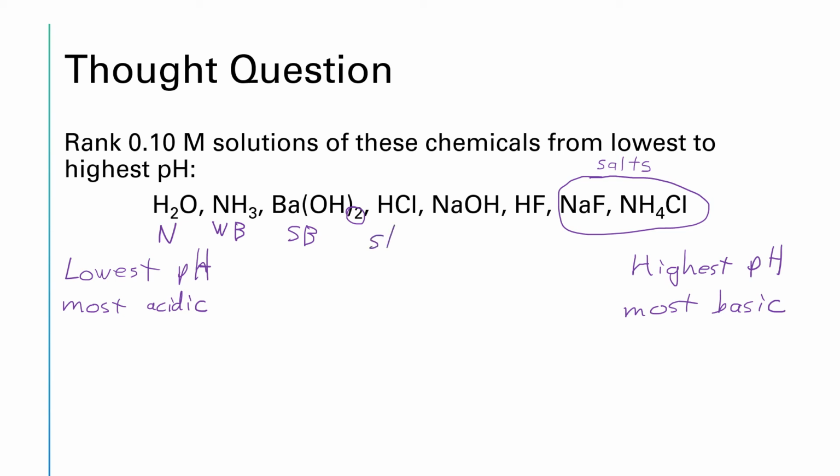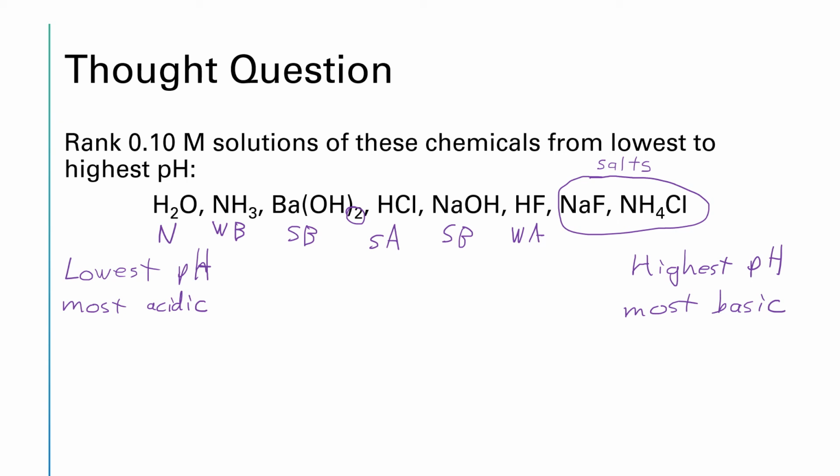HCl is a strong acid. NaOH is a strong base, but it only gives us 1 hydroxide compared to barium hydroxide giving us 2. And then HF is a weak acid. So that leaves us sodium fluoride and ammonium chloride. Well, for sodium fluoride, sodium came from the strong base sodium hydroxide, and fluoride came from the weak acid hydrofluoric acid. So the strong one tells us what the pH is.